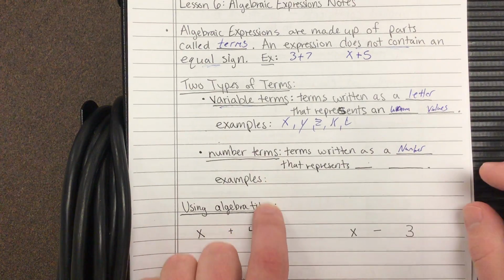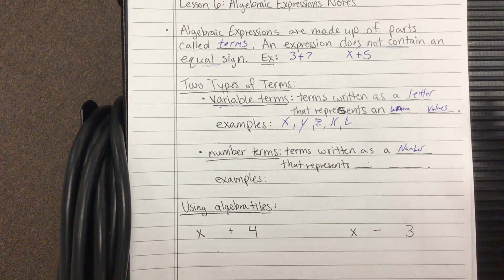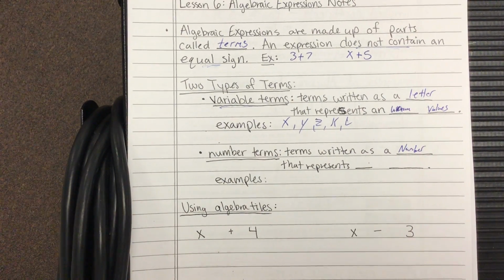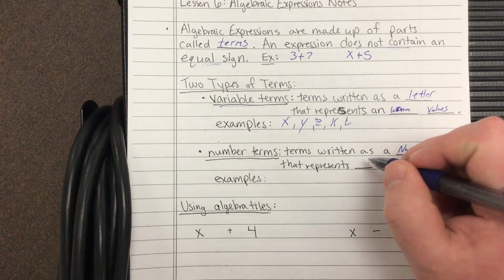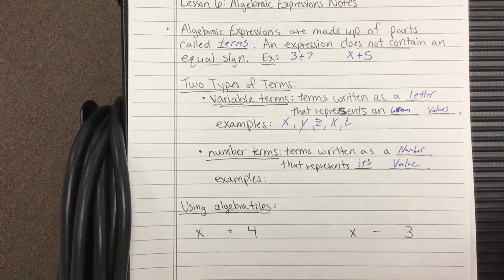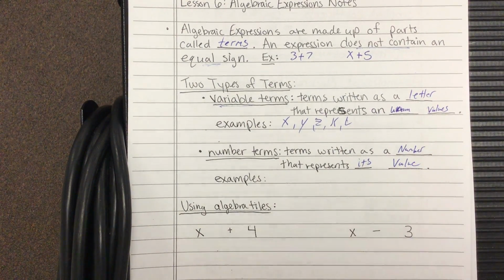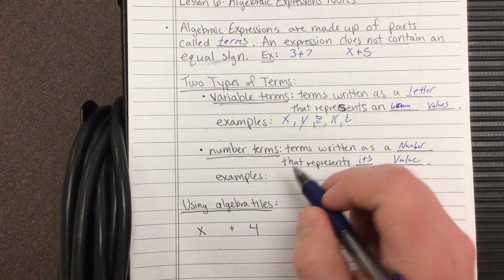Number terms are terms written as a number. That one should be pretty easy. Number terms are terms that are written as a number that represent its value. So examples, any number.